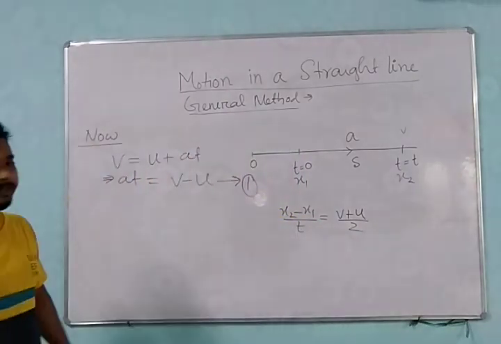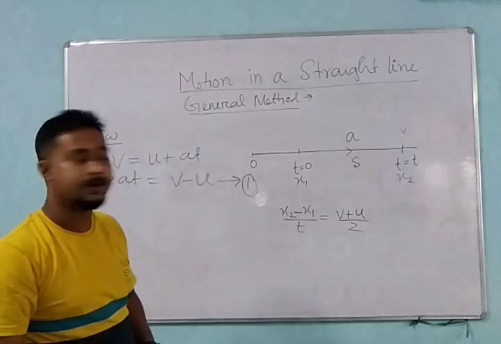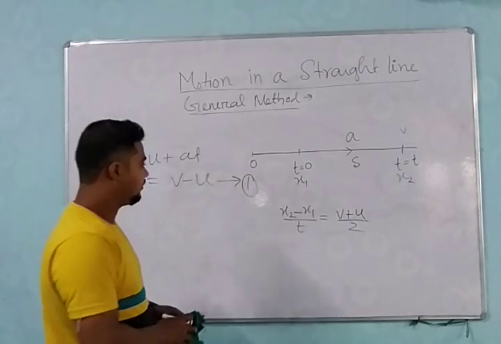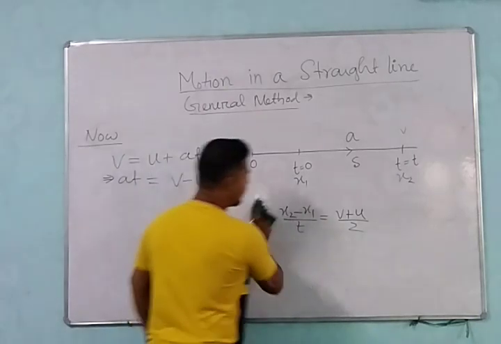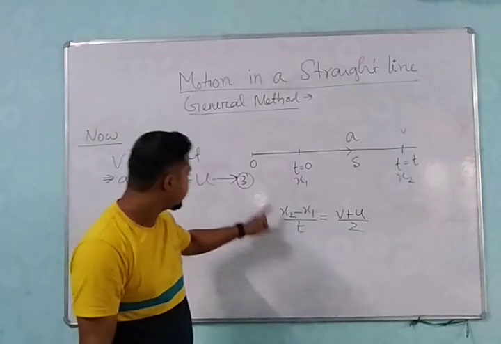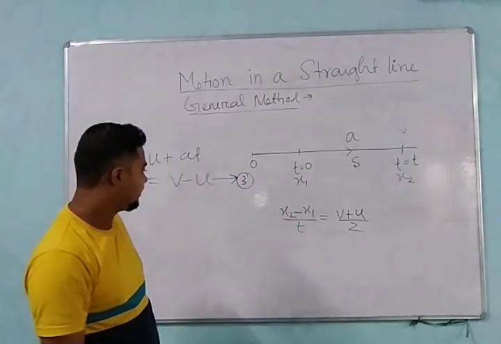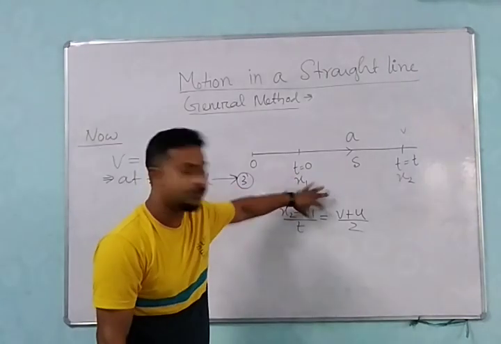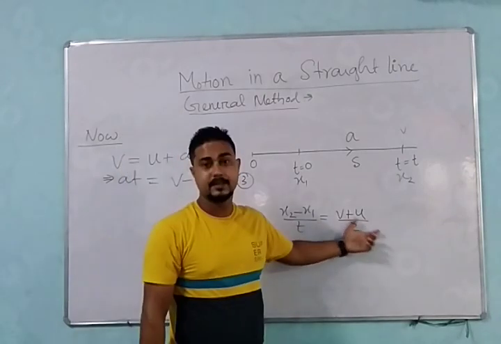We already got this formula when we derived s is equal to ut plus half at square. So that you do not have a problem, I call this equation number 3. Then from equations 1 and 2, v average is equal to x2 minus x1 by t, and we had another expression for v average, that was v plus u by 2.